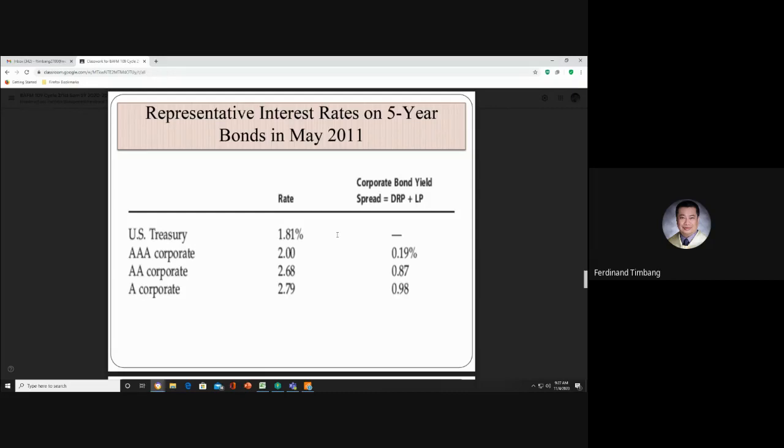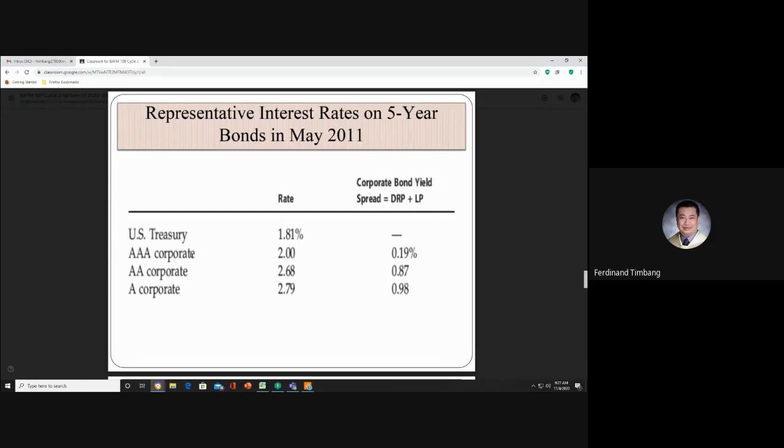Now they have to be rated by the credit rating company. So bibigyan sila ng rates, parang grade, kumbaga. Binibigyan ng grade. So for the AAA, for example, AAA corporate, ibig sabihin ang credit rating niya ay mataas.